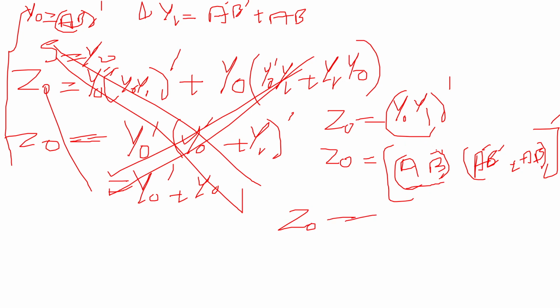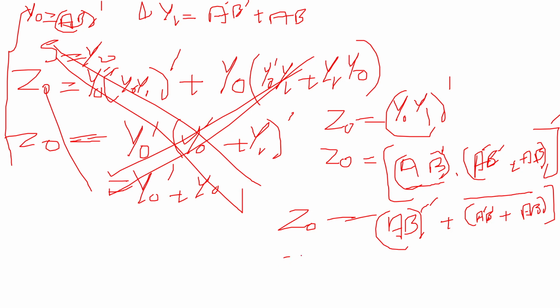We will use De Morgan's law: A B complement plus the complement of this thing. That implies z0 is equal to A B.